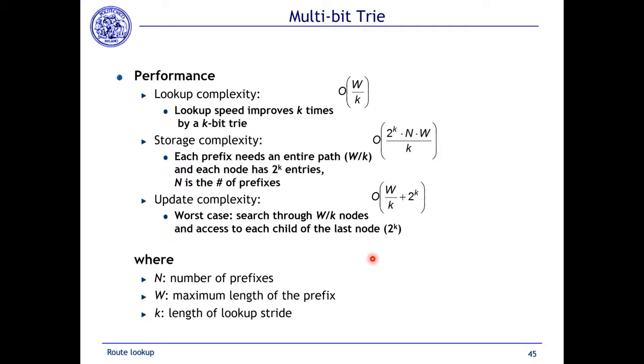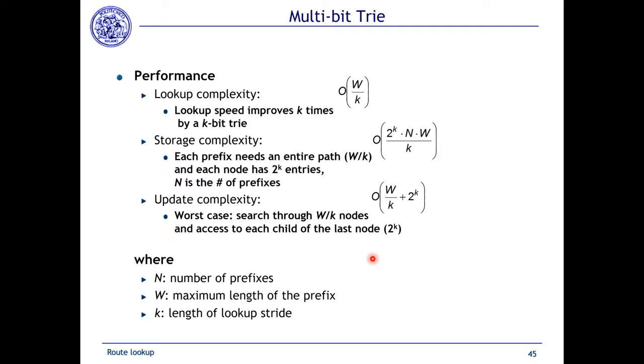But you have to take into account that each node contains an array, and the array has 2 to the k positions, so you have to multiply NW divided by k by 2 to the k. The update complexity is also quite similar to the update complexity of a standard binary trie with fewer nodes, because now the levels are W divided by k.